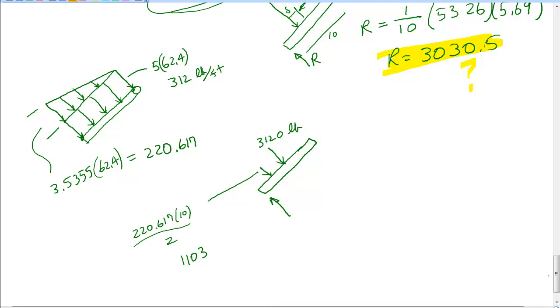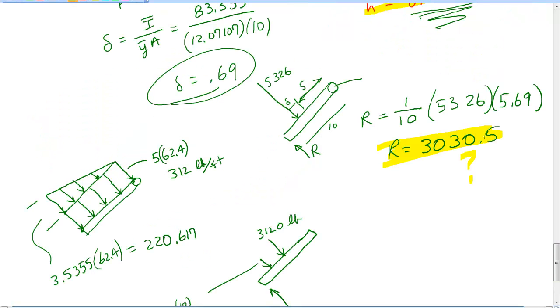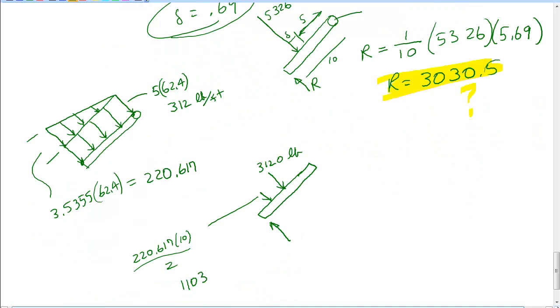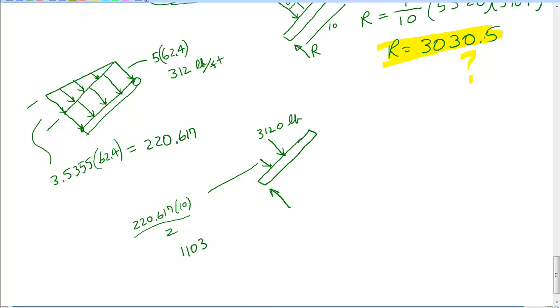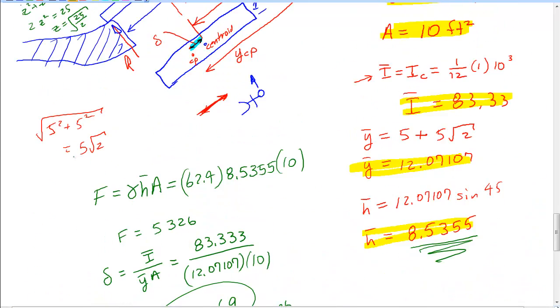gives you not the right answer. All right, I see what happened here. This value is the incorrect value.